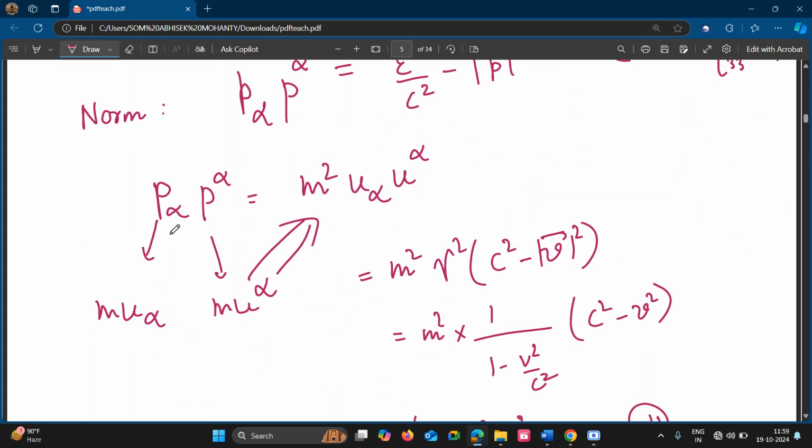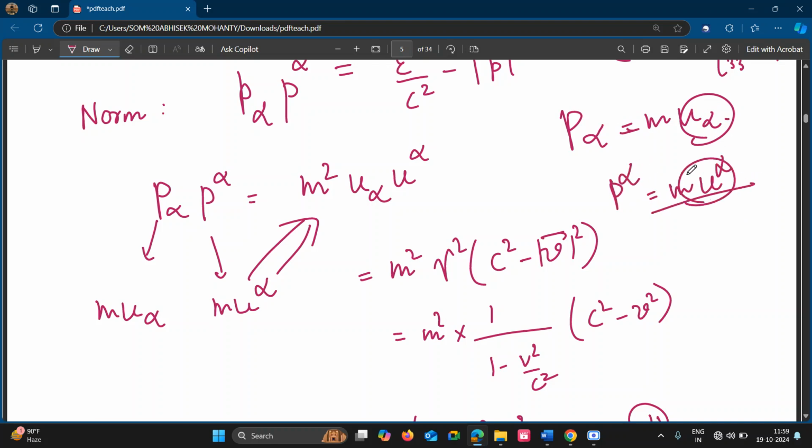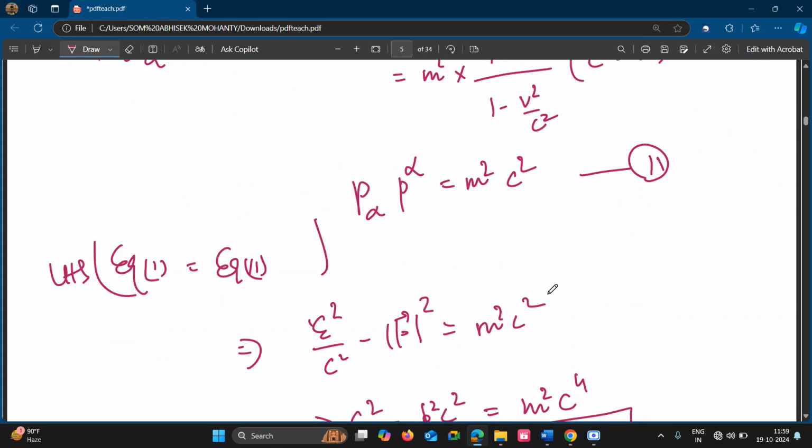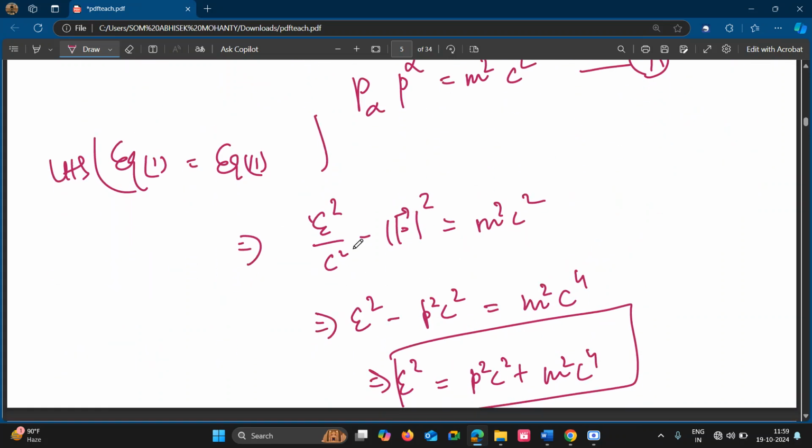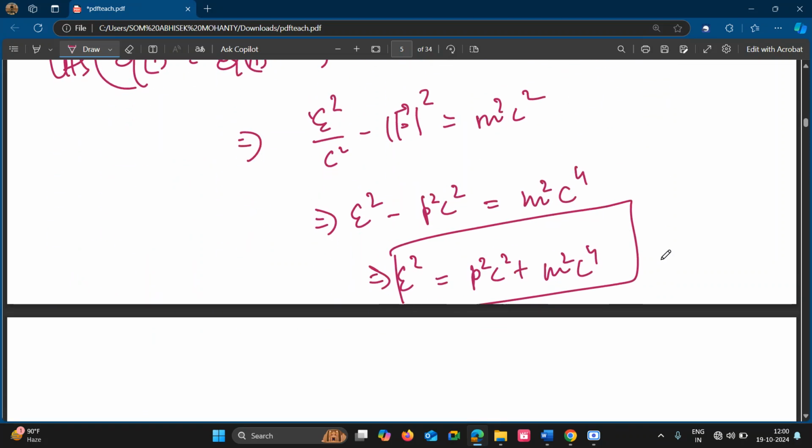Then we put P alpha as m U alpha using the four velocity vector, take the norm again, and equate the two equations. So this is where we get E square is equal to P square C square plus m square C fourth.